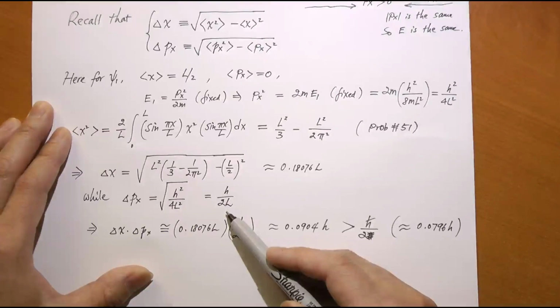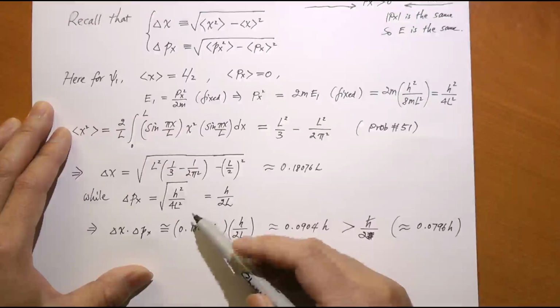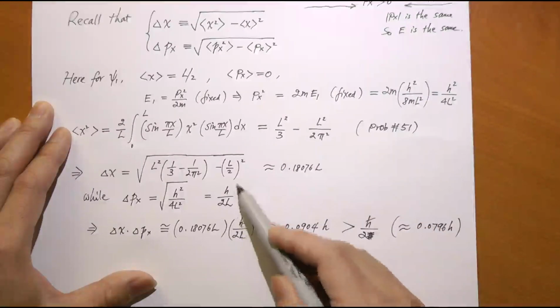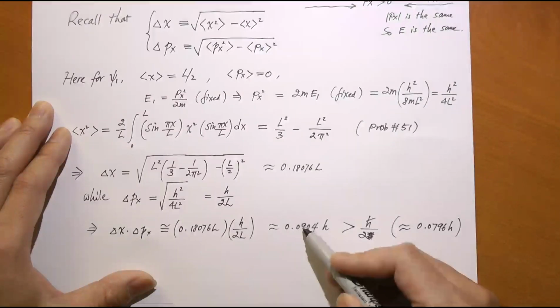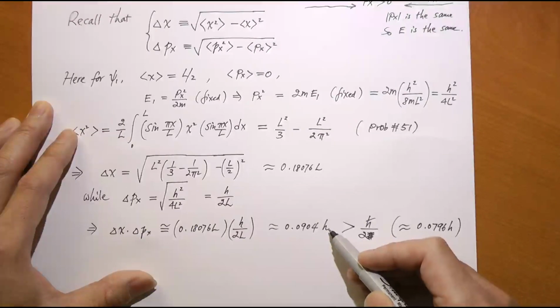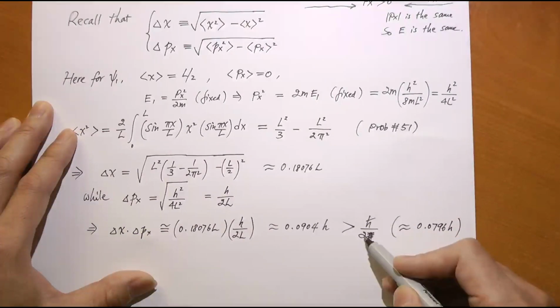So now, let us multiply delta px and delta x together for the ground state of the infinite square well. And I have this for delta x, and that for delta p, and I get 0.0904 h. And how does that compare with the lowest possible value allowed by the uncertainty principle? The lowest possible value is h bar over 2, which is h over 4 pi.